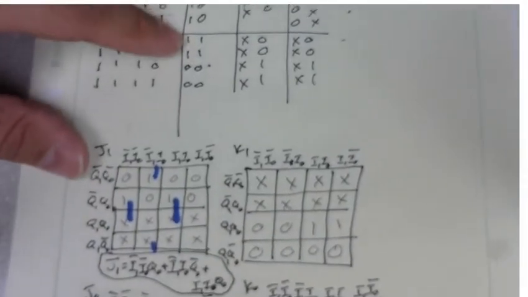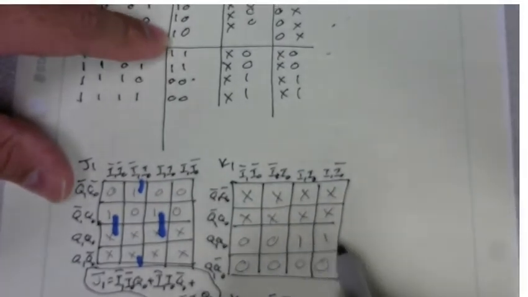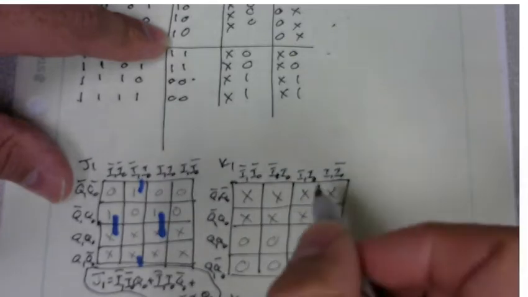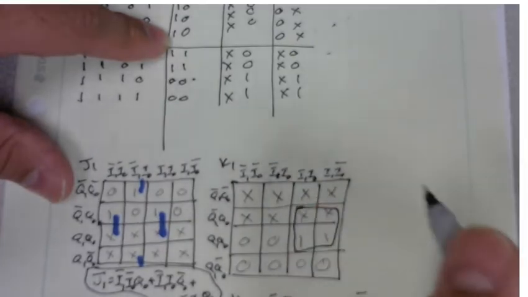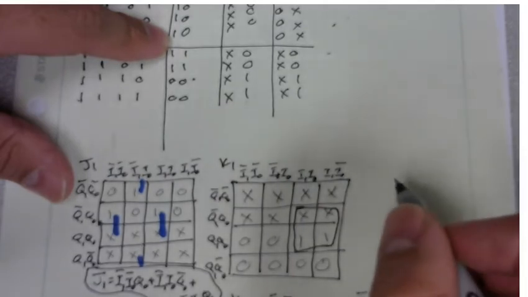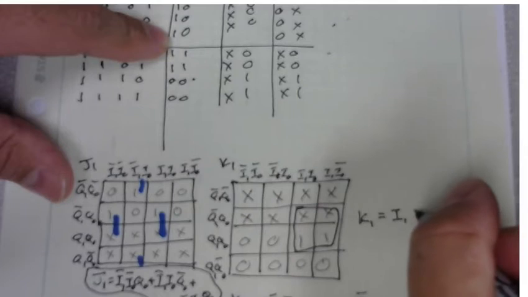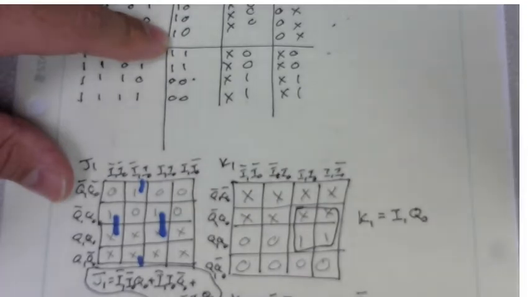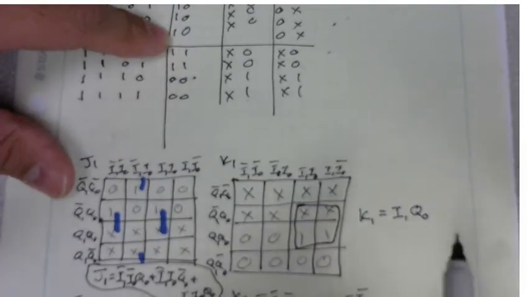The next K1 here is not going to be nearly as bad. I see those 2 ones that we could circle together, or we could circle all 4 like this, and that is even better because that means we're going to have I1 Q0. So K1 equals I1 Q0. I1 doesn't change, Q0 doesn't change.